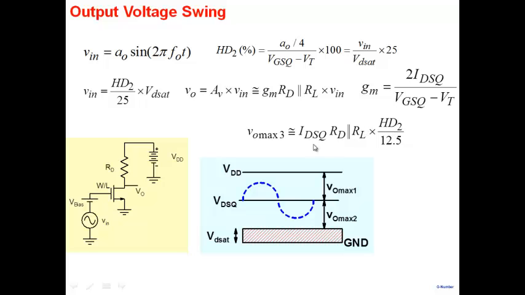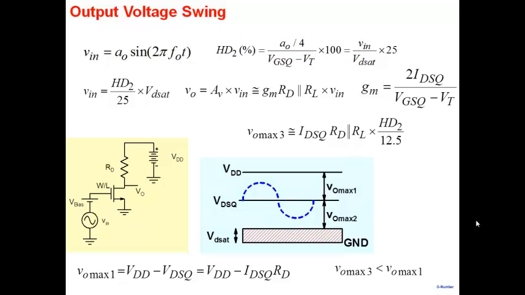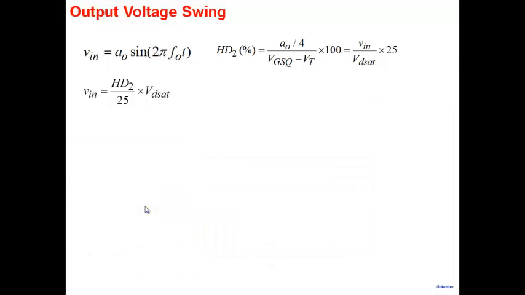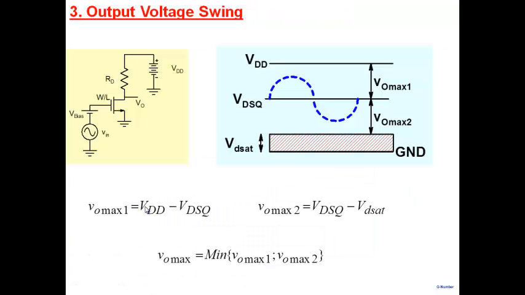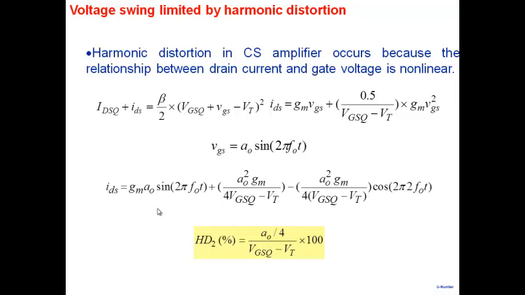Now let me remind you, if you look at this expression, we had derived an expression here, VDD... Okay, if you recall, if you go back here, for swing we had this expression, VDD minus VDSQ, which was coming from the positive side here. And we had one coming from the fact that the transistor should not enter into linear region here. That's what I'm doing here.